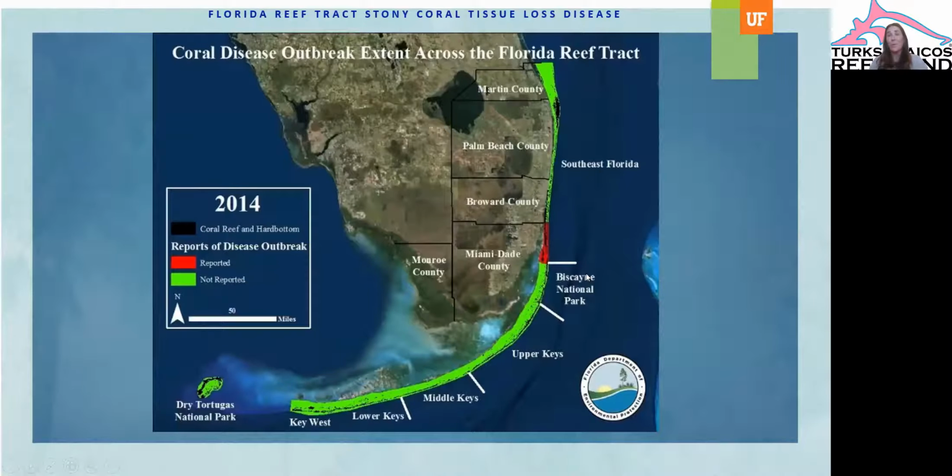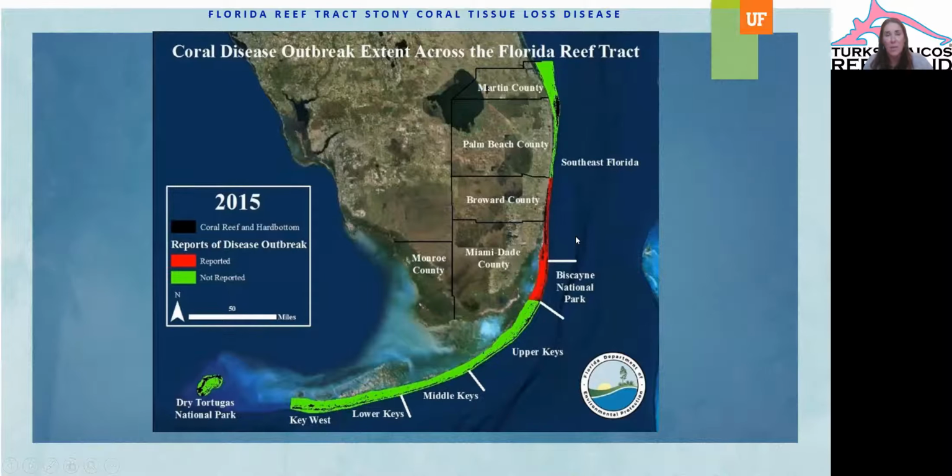So let's have a look at where it started and how it's been moving around. In 2014, the first outbreak was seen around Miami-Dade County during routine monitoring. And within a year, it had gone up through Broward County and already down through Biscayne National Park. By 2016, we see it going up towards Palm Beach and just reaching into Martin County, and it's now made its way into the upper Florida Keys.